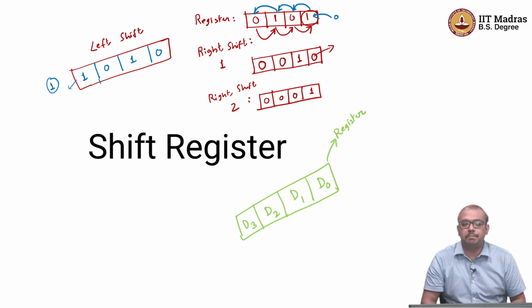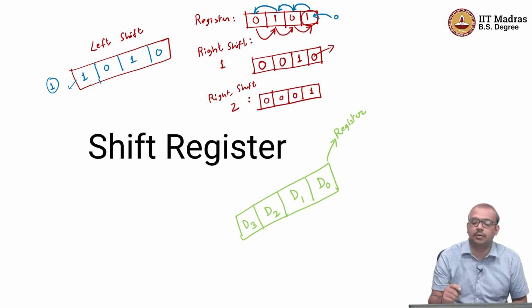Any power of 2, suppose you want to multiply a number by 16, which is nothing but 2 to the power 4, this is equivalent to 4 left shifts. If you want to divide a number by 8, which is 2 to the power 3, this is equivalent to doing 3 right shifts. You can test it out.